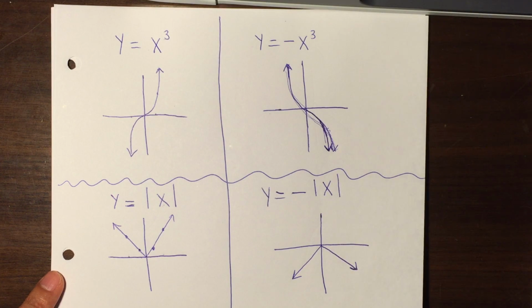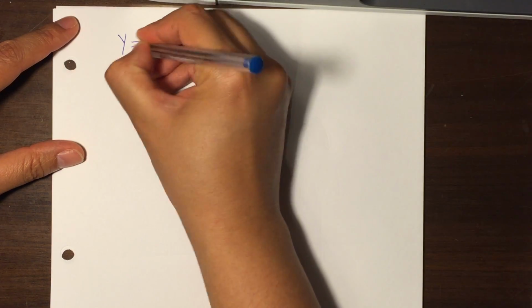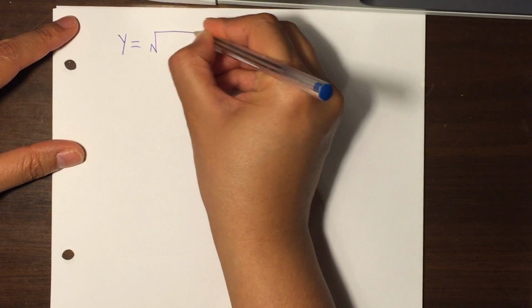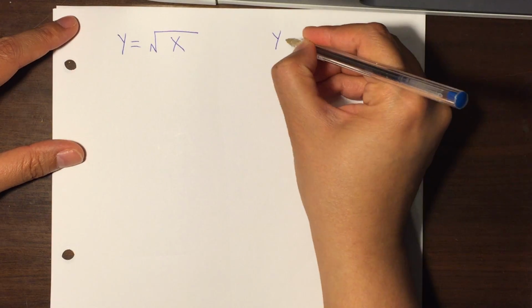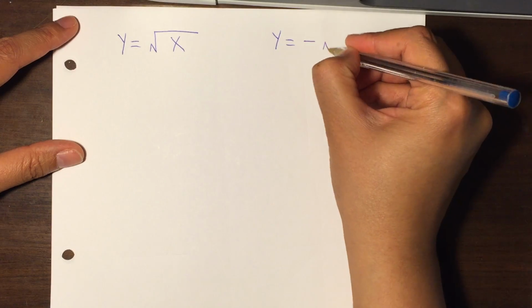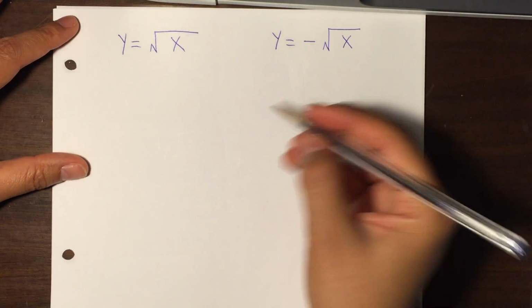And one more that you need to know is y is equals to the square root of x, and y is equals to the negative square root of x.